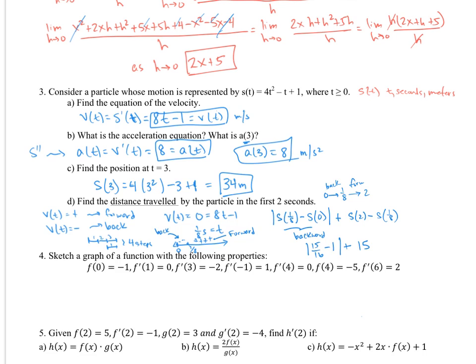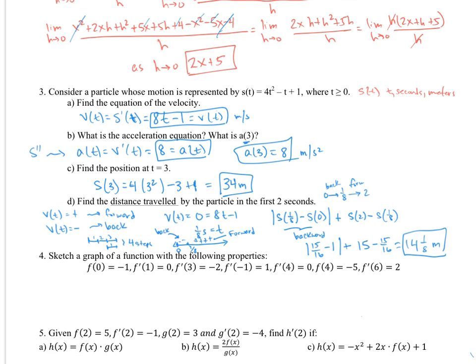And s of 1/8 we already know as being 15/16. So cleaning this up and working this whole problem out, we end up with 14 and 1/8 meters as the distance that we have traveled.